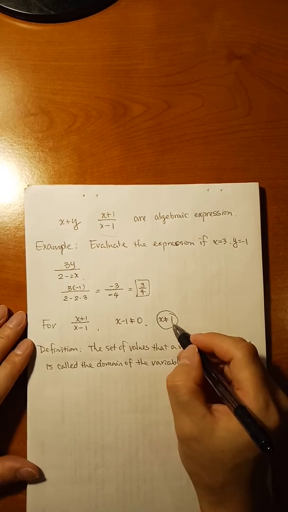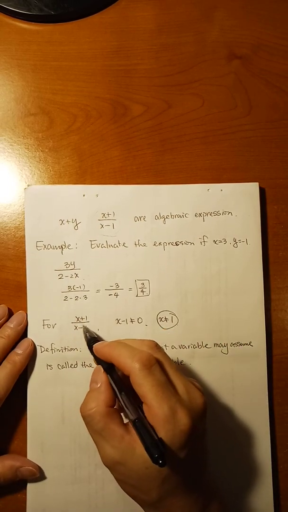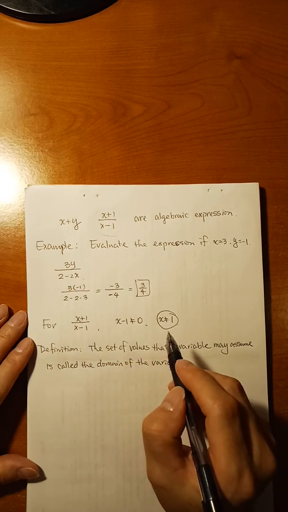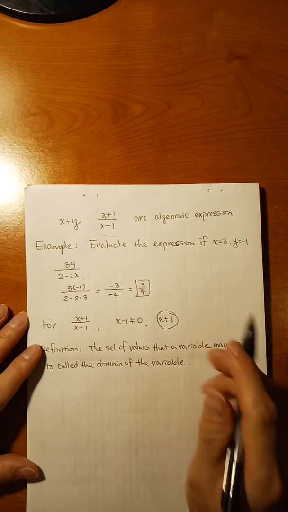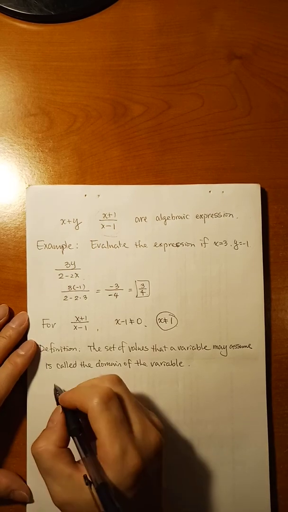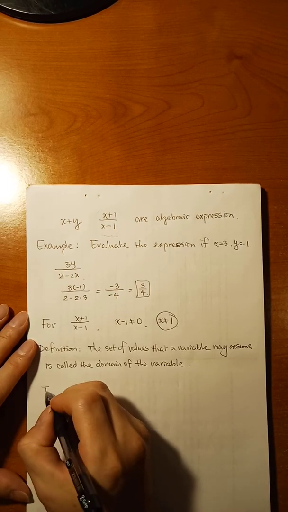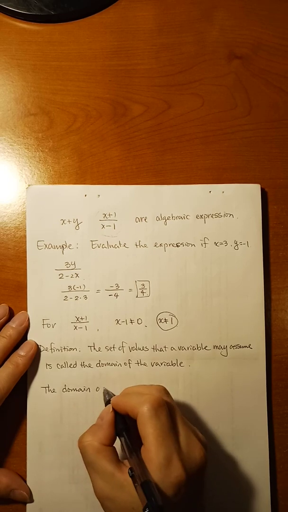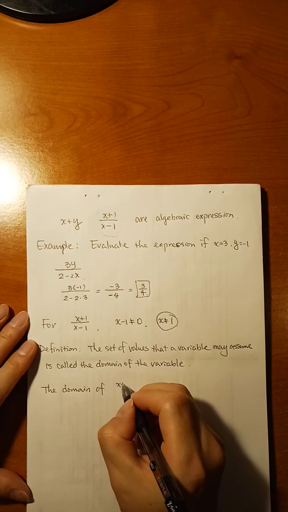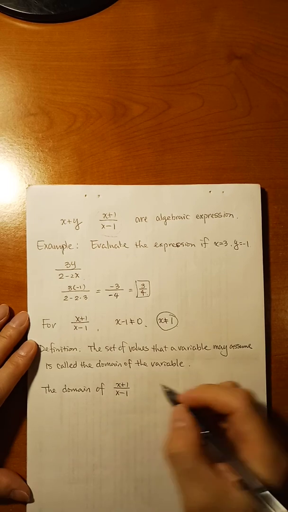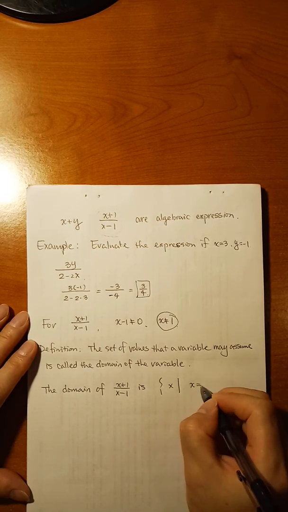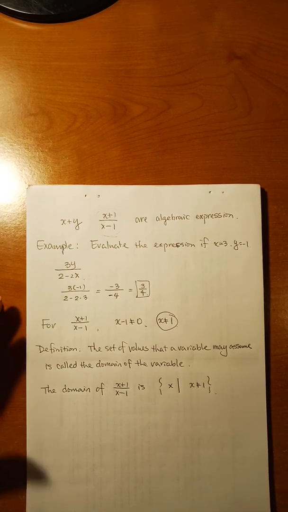So for example, the domain of this is the set of all x such that x is not equal to 1. Okay? So, for example, the domain of x plus 1 over x minus 1 is the set of all x such that x is not equal to 1.